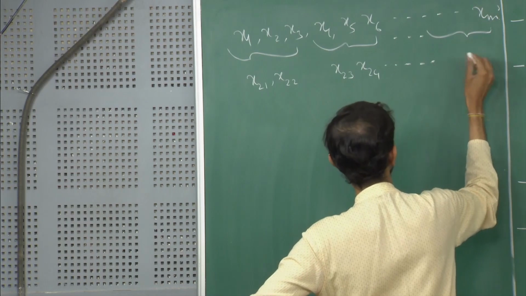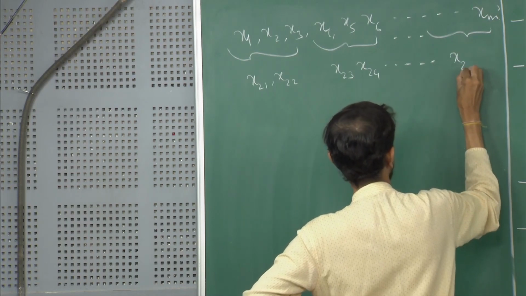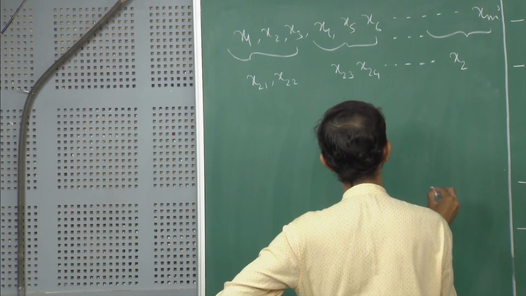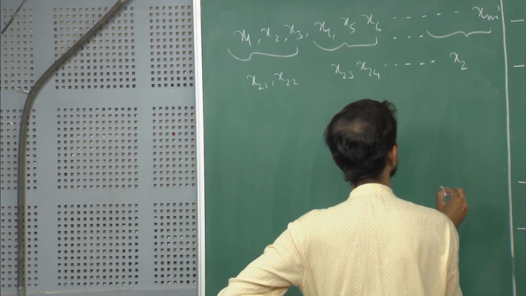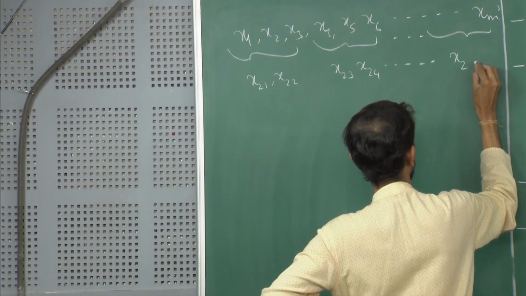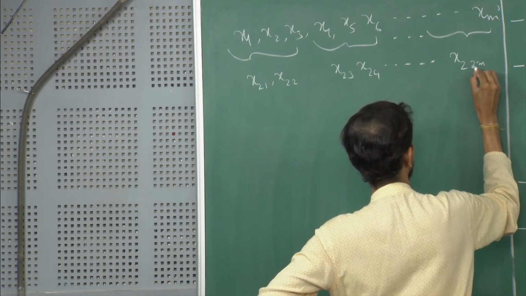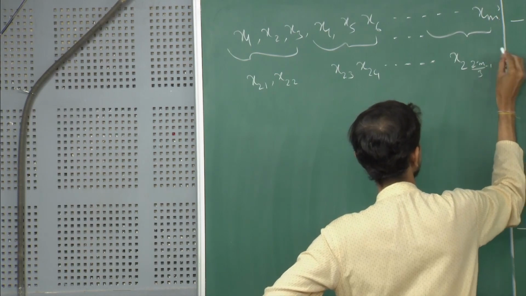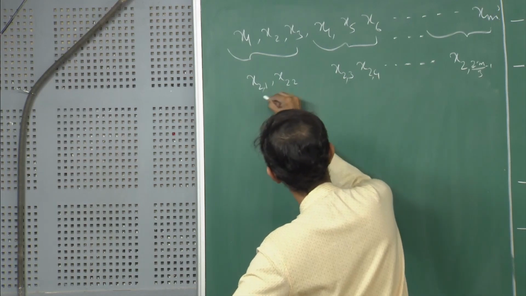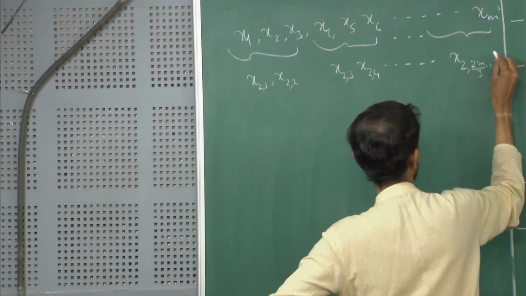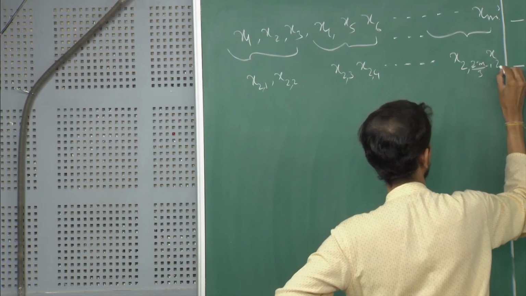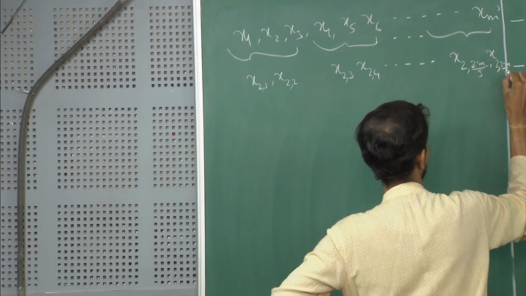and the last one was m by 3. So we will have something like x2 (2m by 3 minus 1), comma, x2 (2m by 3), something like this.